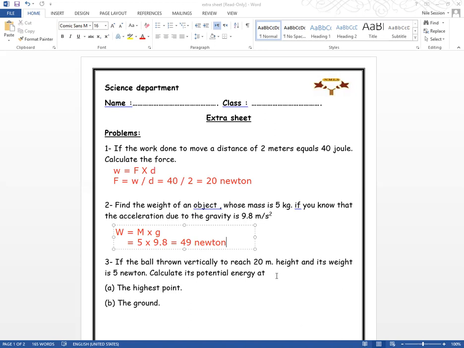Calculate its potential energy at A, at the highest point, and also at the ground.